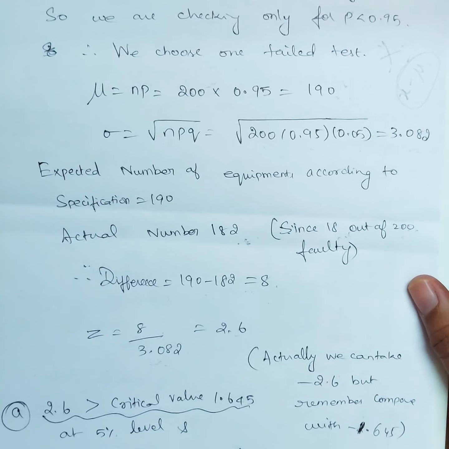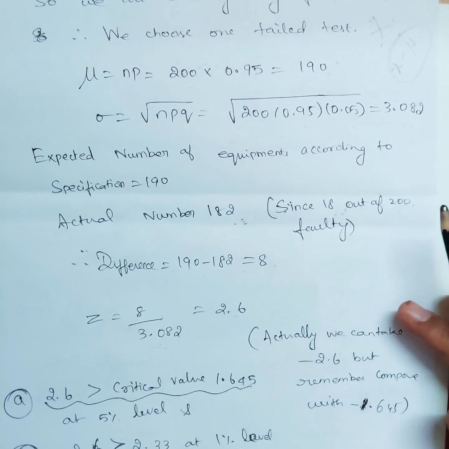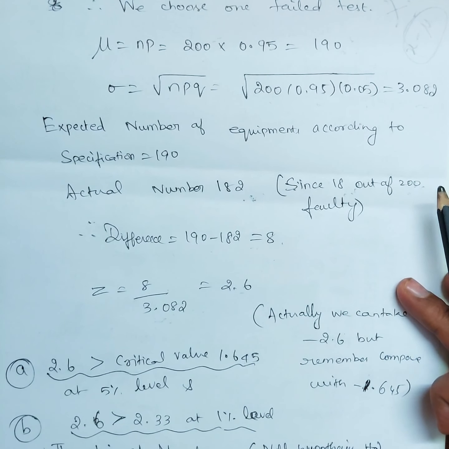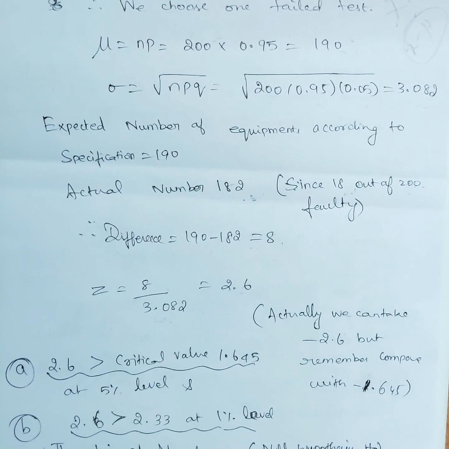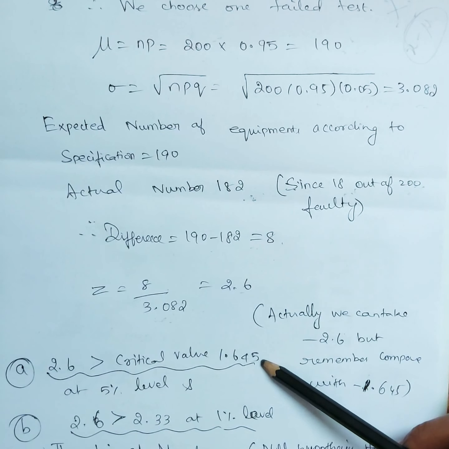Now we got the value, and I hope you remember that we are doing a one-tail test. So what is the critical value for a one-tail test at 5% and 1%? For 5% it is 1.645.